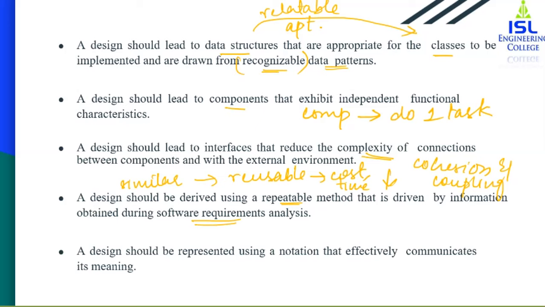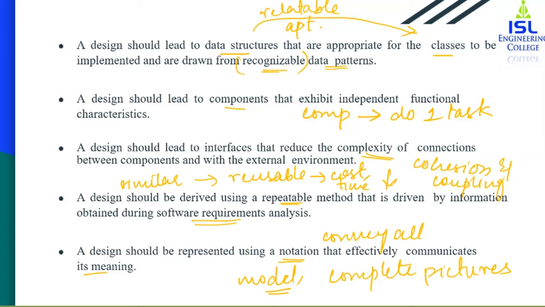The next one is, a design should be represented using a notation that effectively communicates its meaning. A notation means, suppose, a specific model or a specific pattern. Whenever you're using a particular model or notation, it should be able to tell you everything about the model, because this design is going to focus upon a complete picture. You take the one that is actually going to convey all the information about the different data and functionalities; everything should be addressed.